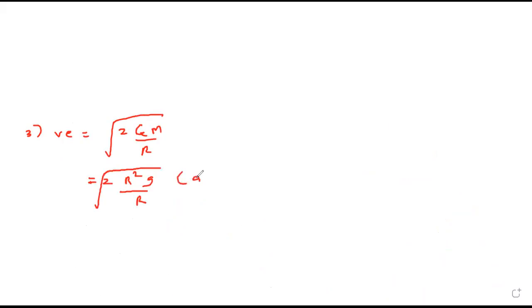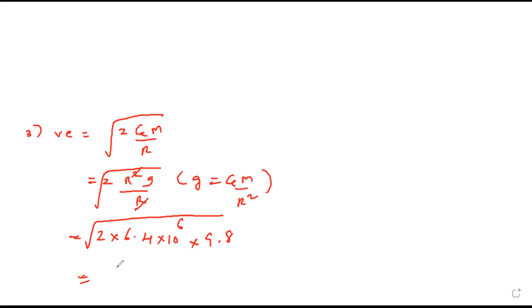Third point. VE is root of 2 times GM by capital R. You can write 2 times R square g upon R, because small g is GM upon capital R square. So 2 into radius of earth, 6.4 into 10 raised to 6, into 9.8.